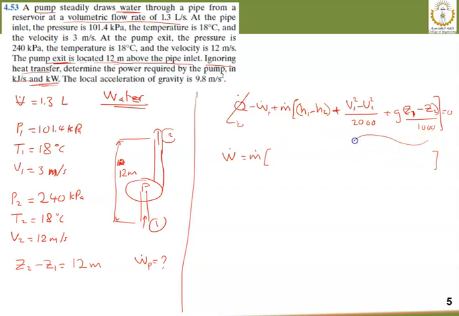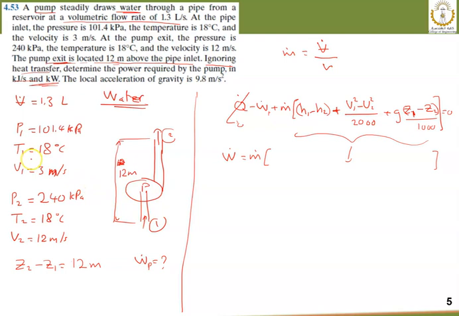For m dot, we have the volumetric flow rate, so divide that by v. But here we need to know the state at the inlet and the outlet. Since it's a pump, we know it's water, but just to make sure and to practice again.